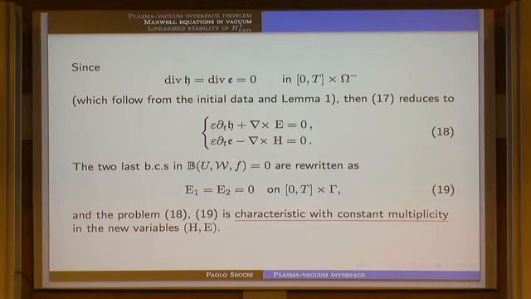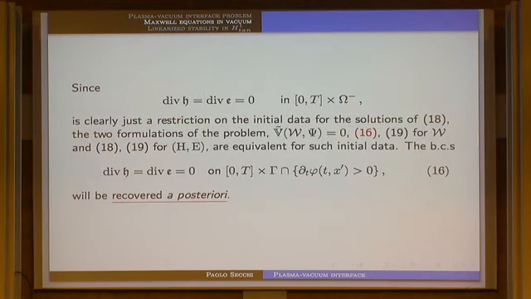We can write with the new variables the 2 boundary conditions related to the electric field simply in this form. This is the origin of the transformation. And if we consider this problem now instead of the other one, we have a problem which is characteristic with constant multiplicity in the new variables. In fact, the coefficients are constant, so it has a constant rank.